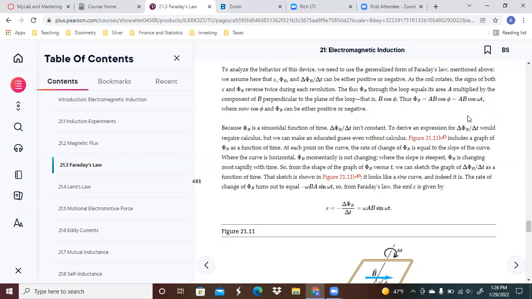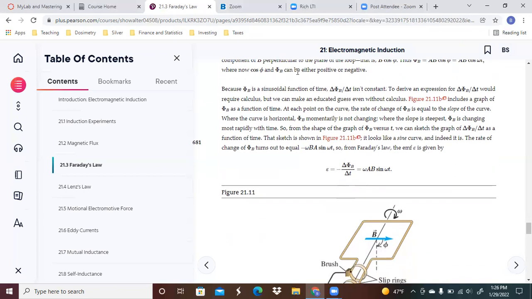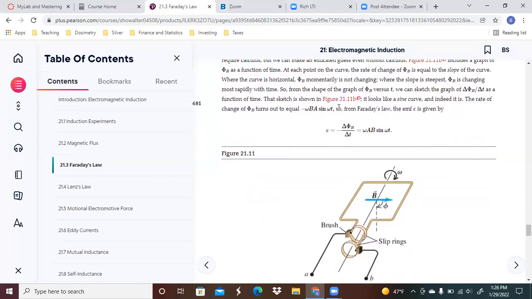Just like linear velocity multiplied by time is going to give you the distance, this is the same thing with that particular angle. Now, this and this can be positive or negative as we make our changes. Because it's sinusoidal, this isn't constant. So we derive an expression that would require calculus, which we're not going to do here.